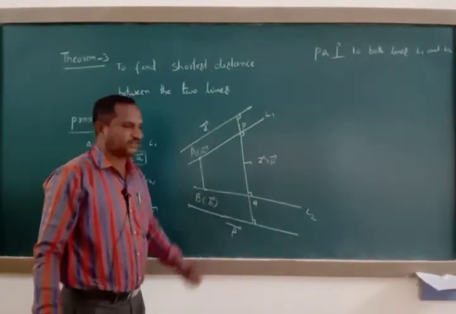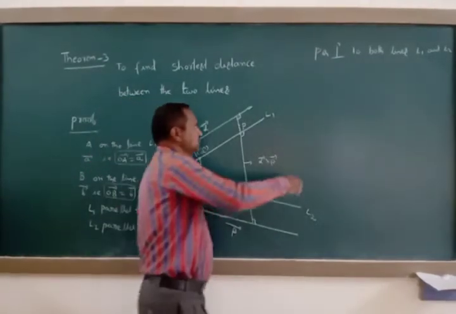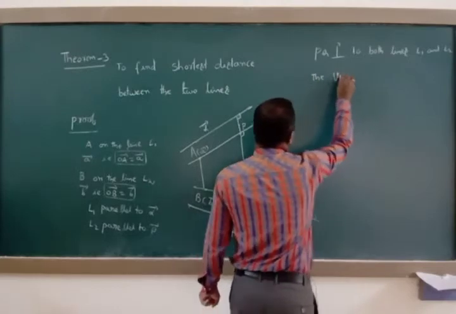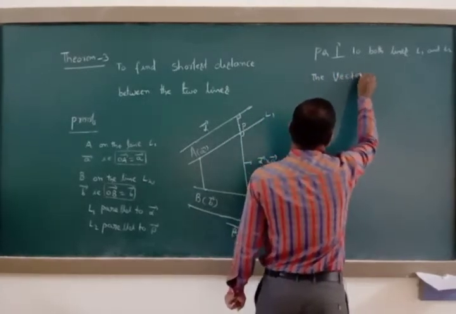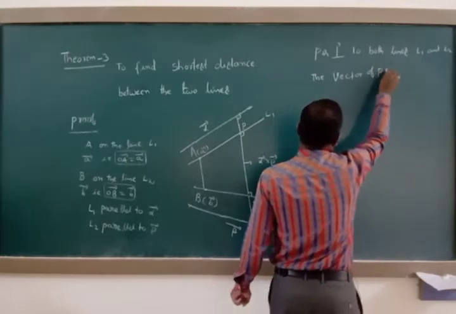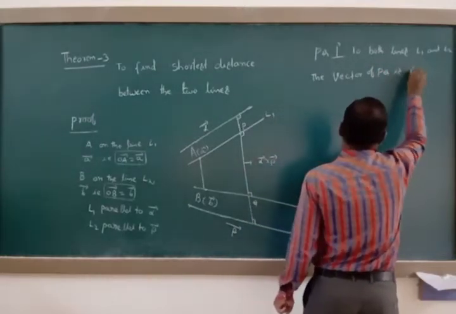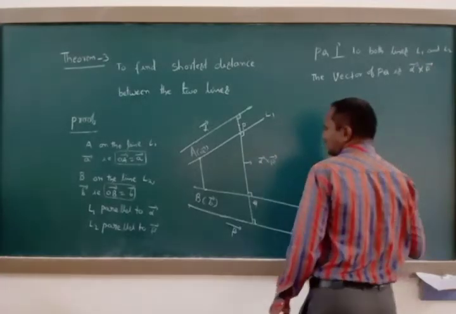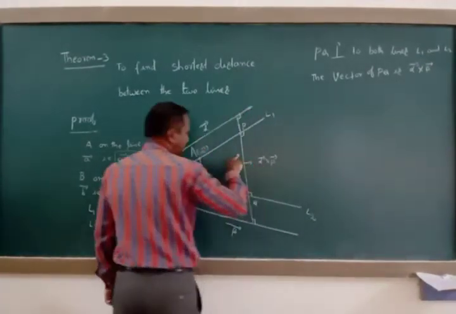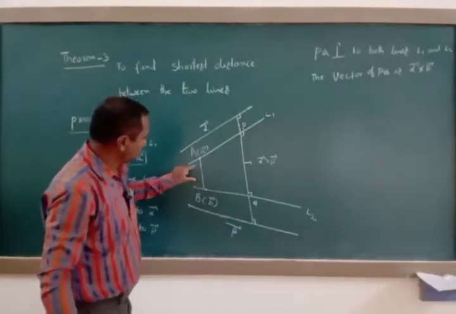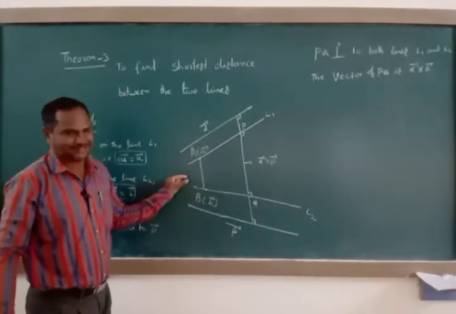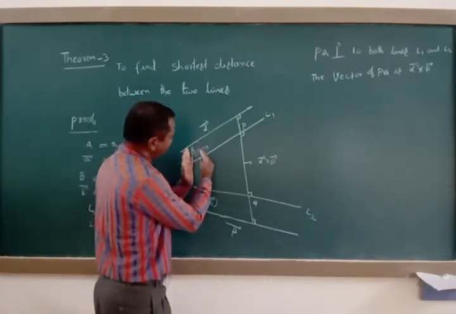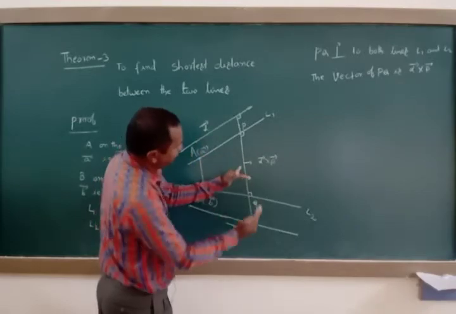That's what the vector of PQ is: alpha vector cross beta vector. Clearly PQ is the shortest distance. AB is also a short distance. If you observe, the projection or shadow of AB falls on the PQ.